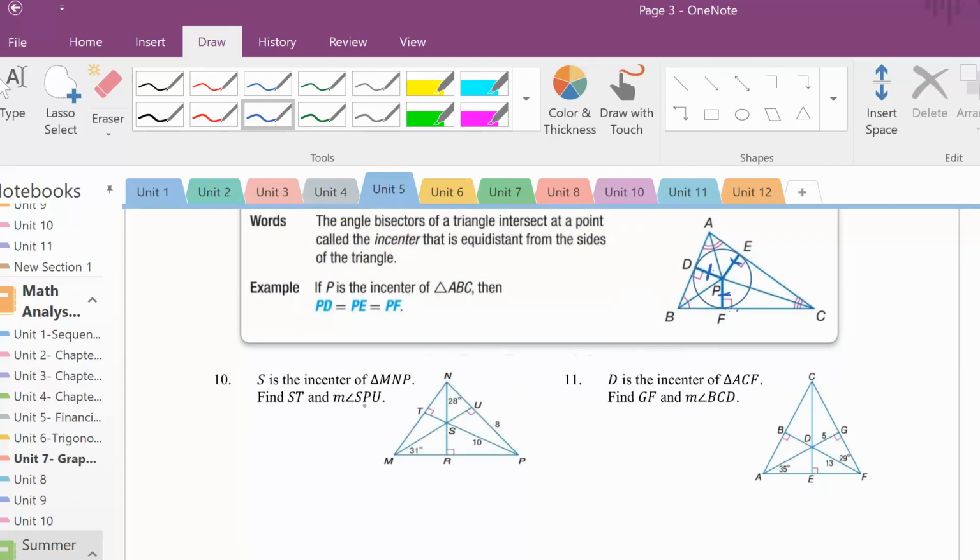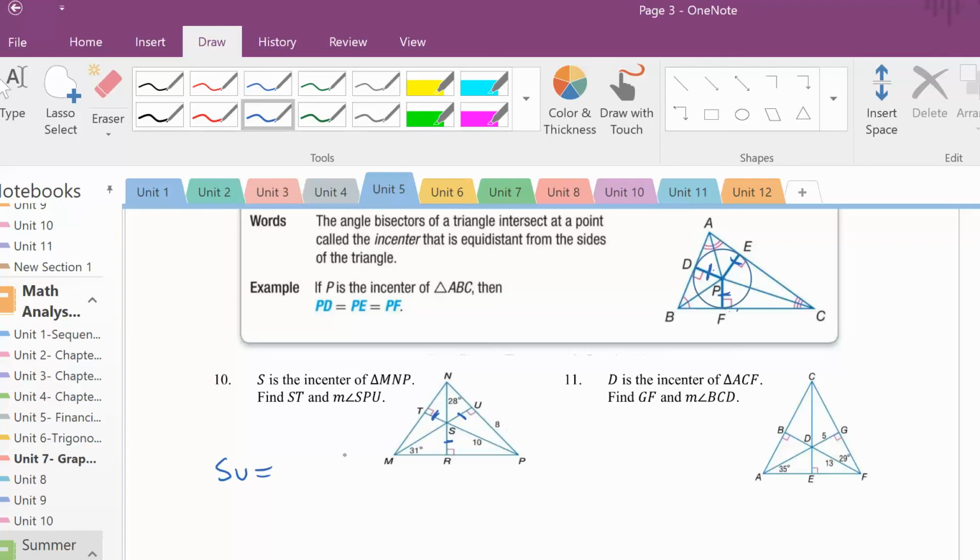So for example here, it says S is the incenter of triangle MNP. So find ST. Well, we know that ST, SU, and SR should all be the same. So to find SU, we have to use the Pythagorean theorem, which says that the sum of the squares of the legs in a right triangle is equal to the hypotenuse squared.